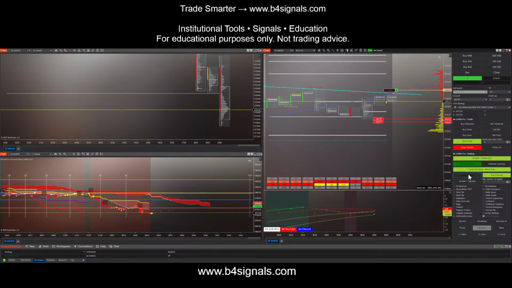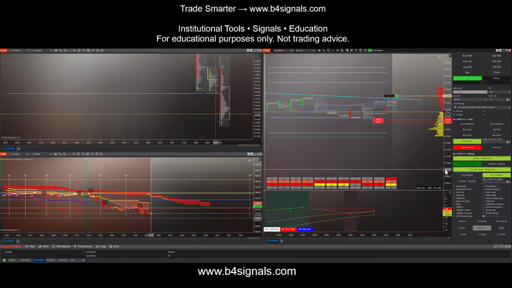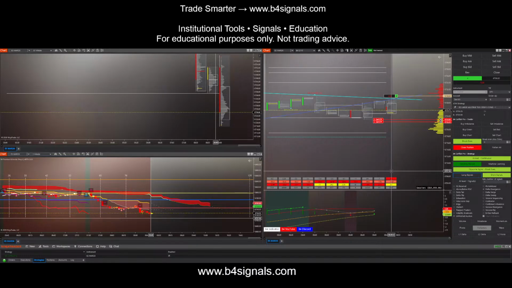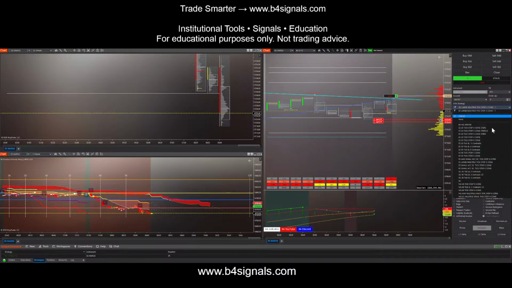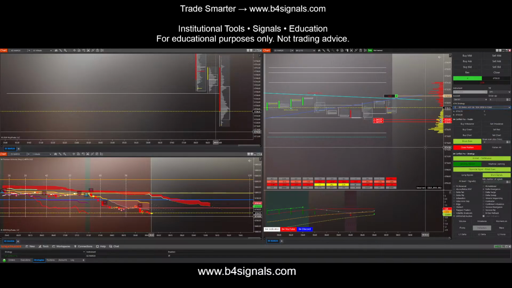Okay, what I'm going to do, I'm going to turn off all long signals. Try to trade our short ones. Go up to 6 contracts at 30.